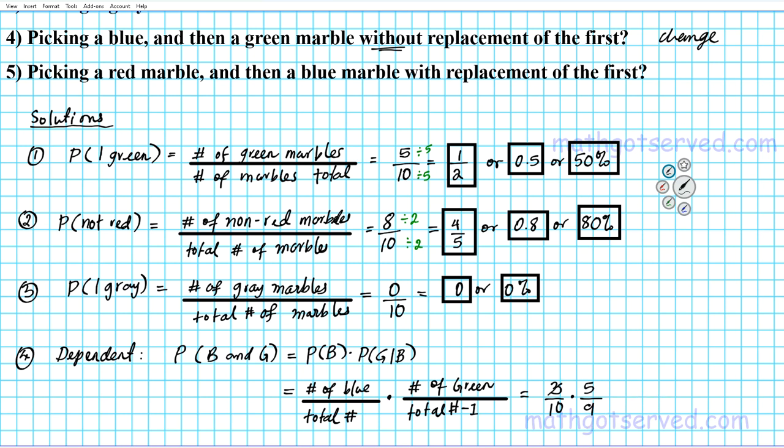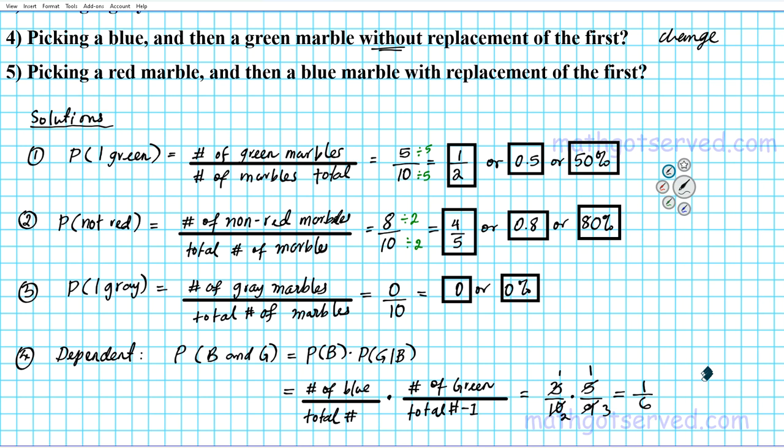Okay, we can reduce this. 3 goes here 1, 3 goes here 3, 5 goes here 1, 5 goes here 2. You get 1 over 6 in fraction form.